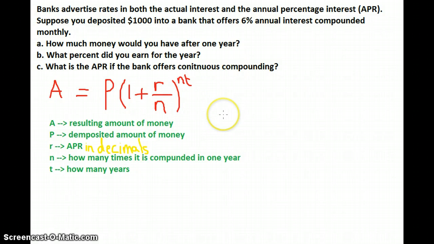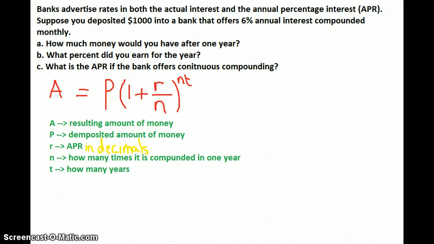So we're going to put 0.06 because 6% is 6 divided by 100. Agreed? And N represents how many times it is compounded in 1 year. So if it is compounded monthly, how many months are in 1 year? 12. So it's compounded 12 times in 1 year, because each month, but we care about 1 year for N. So each month for 1 whole year, you have 12 months, so it's compounded 12 times. And then T represents how many years. In that case, they said after 1 year, so T will be 1.